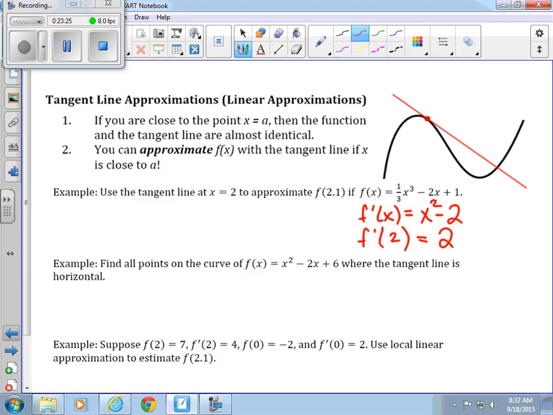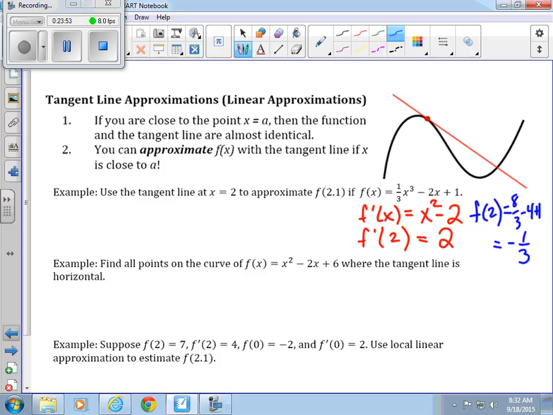A y value, so I'm going to find f of 2. 8 thirds minus 4 plus 1. So that's negative 3, which would be negative 9 thirds.